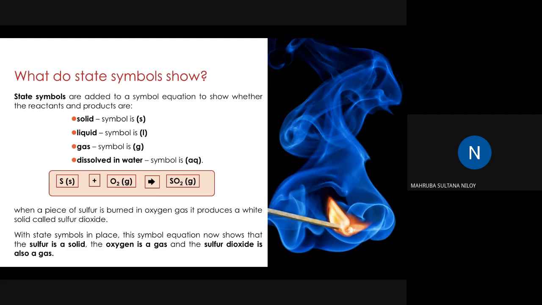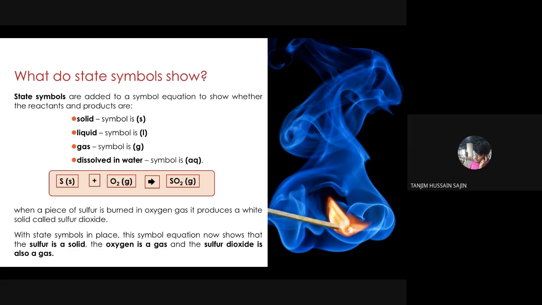So for mentioning solid state, what symbol do we use? S. And for liquid? L. Okay, great. And for gas? G. And dissolved in water? AQ. Okay, so it's simple, right?